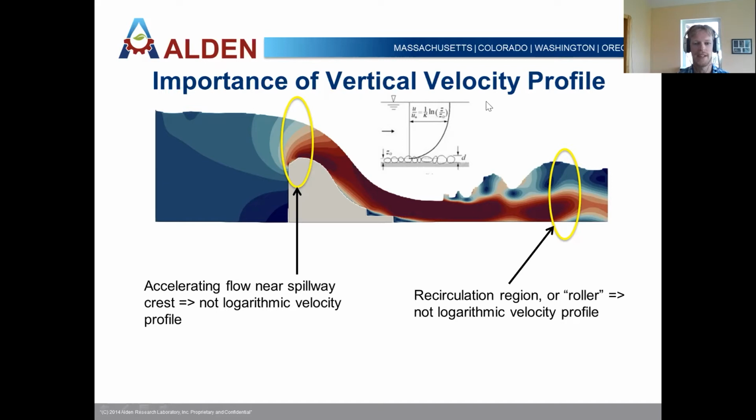And then on the downstream end, you have this recirculation region or roller, which is also not following a logarithmic velocity profile, where you have flow going left to right on the bottom, this high velocity jet, and then on top, you have this recirculation region, so you have flow going in both directions there. So that's not able to be resolved with a depth average model.